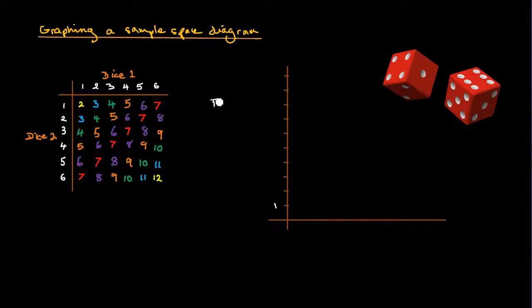So if we call this frequency, in other words, it's the number of times a certain number comes up. And let's just number up to 10. Okay. Now on this axis, the horizontal axis, what we've got is the sample space.